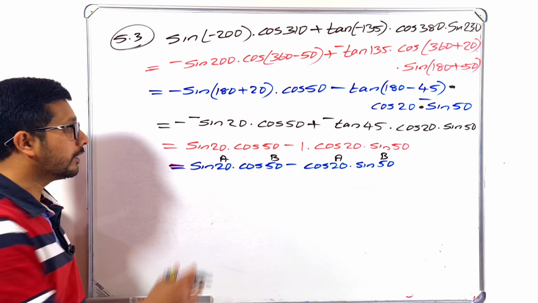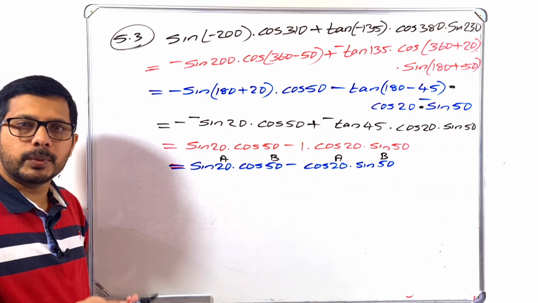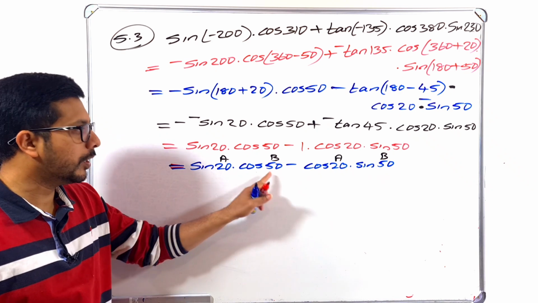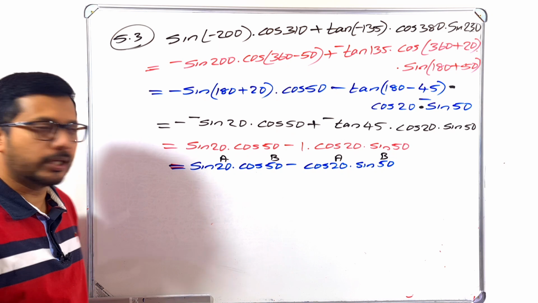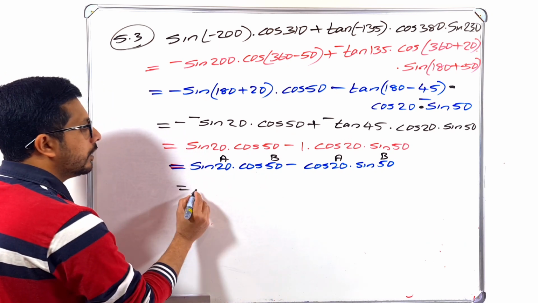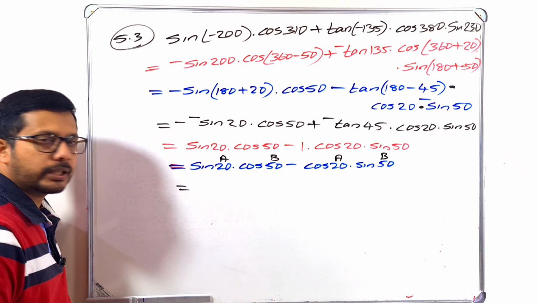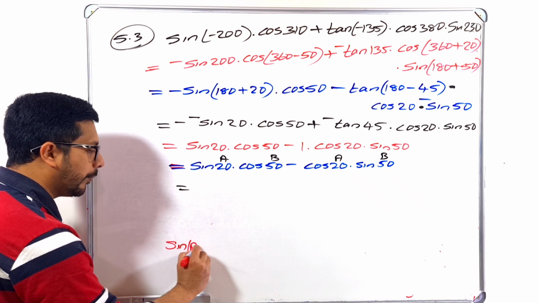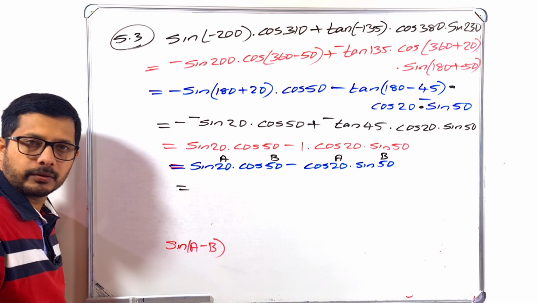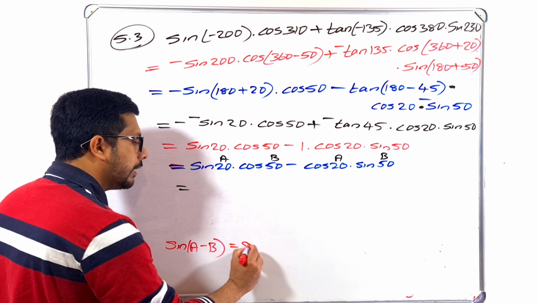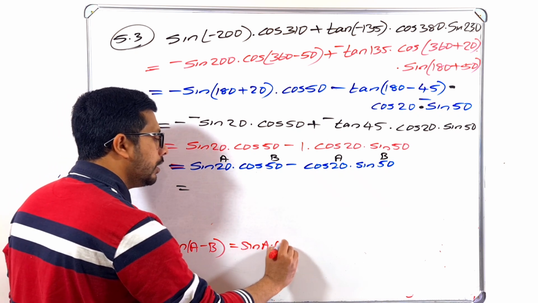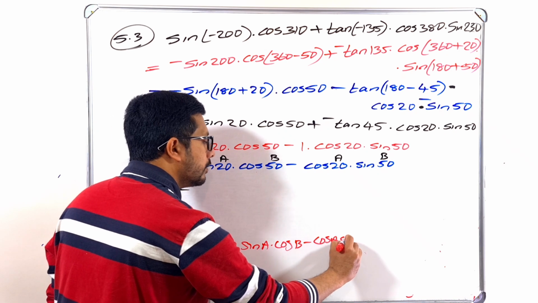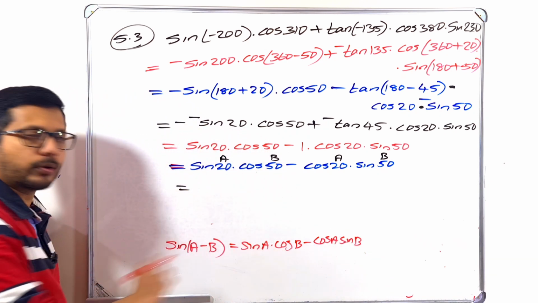Is it not so? So what is that one? You studied that sin of A minus B, what is the expansion? Sin A cos B minus cos A sin B. This is the formula you studied.